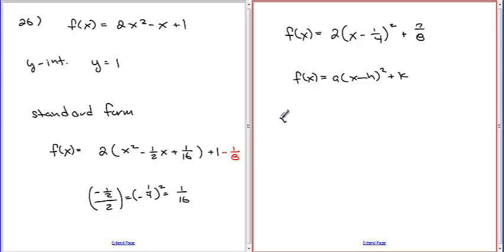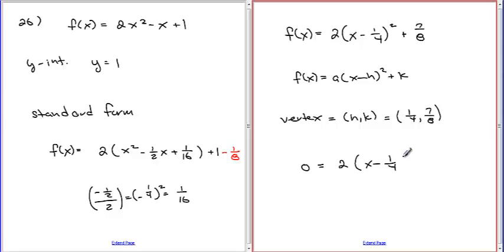Okay, so now we can do the vertex. The vertex is the coordinate pair h, comma k, which in our case is 1/4, comma 7/8. Now to find the x-intercepts, we set this equal to 0 here. So you get 0 is equal to 2 times x minus 1/4 squared plus 7/8.